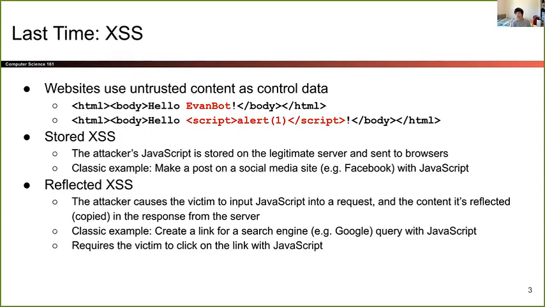So last time we talked about XSS, where websites use untrusted content from users and use it as HTML data, which is treated as control data. So they can just replace this snippet of text here with a script tag, and maybe this script inside is malicious and sends your cookies to the malicious server.